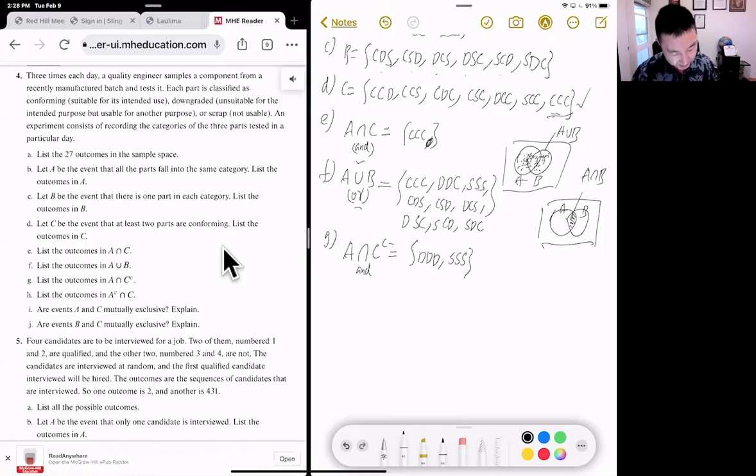So this is A and the complement of C. From the Venn diagram, if this circle is A and that circle is C, then A and not C will be this area. It is in A, but not in C, outside the circle of C.